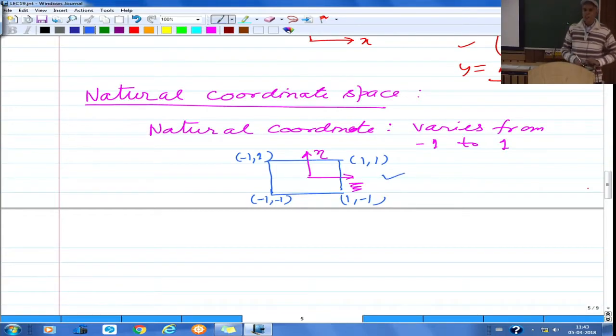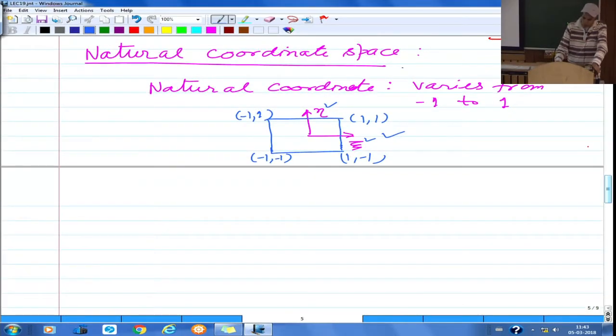So rather than assuming temperature in the physical coordinate space x and y, you will assume the temperature in terms of these natural coordinates. And in the natural coordinate space, the element edges are either parallel to natural coordinate xi, or the element boundaries are parallel to natural coordinate eta. I mean either of these 2 directions.